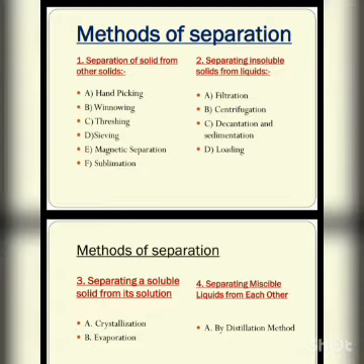First method is hand picking, by the use of the hand. Second is winnowing. Third is threshing. Fourth is sieving. Fifth is magnetic separation, as a magnet is used in it. And the sixth is the sublimation method.